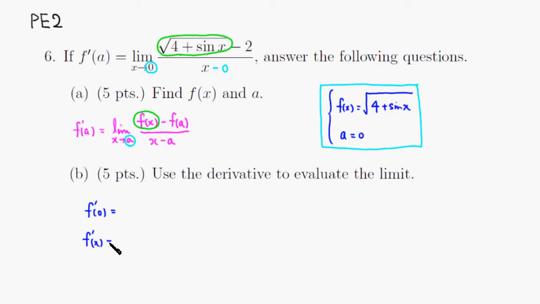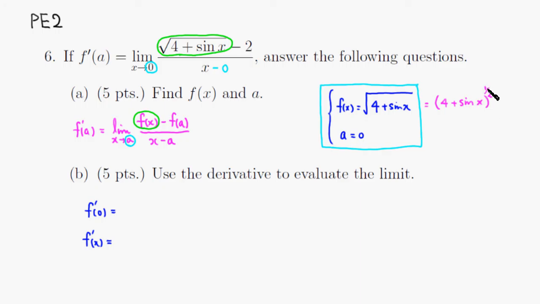So we have the square root of 4 plus sine of x. Since I don't like square roots when I take the derivative, I'm going to rewrite it as the quantity 4 plus sine of x raised to the 1/2 power.